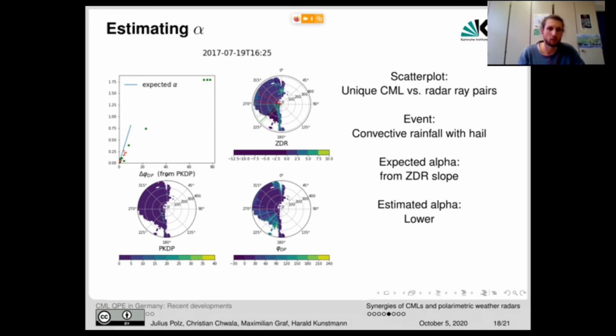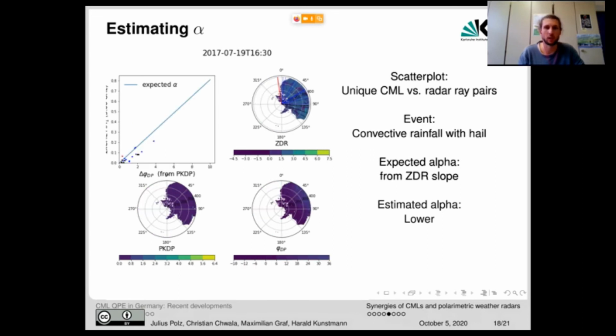I think that got clipped off my slide, but on the y-axis of the scatter plot is the CML 2 times one-way path integrated attenuation. What we see here is that the estimated alpha shows a nice linear relationship, but is suggesting that we use a lower alpha than the one computed from the CDR slope.